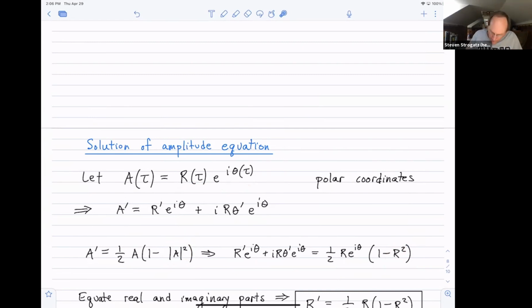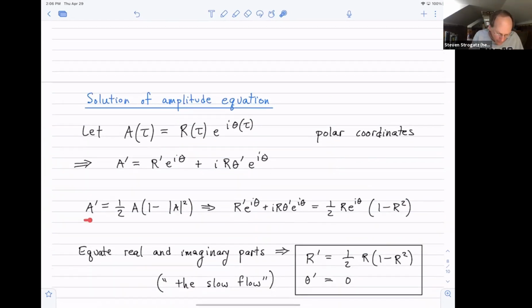And now if you look at this equation, you'll notice that there's some e to the I thetas everywhere. So let me cancel them out.